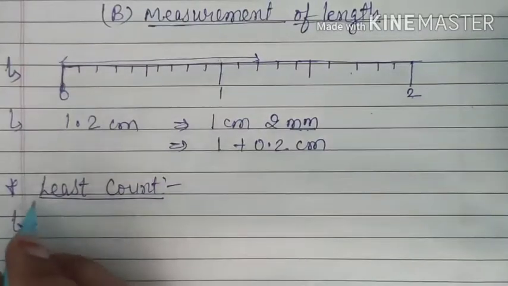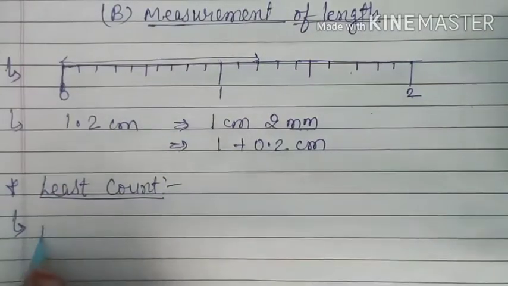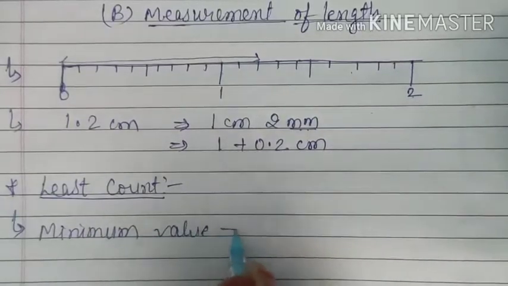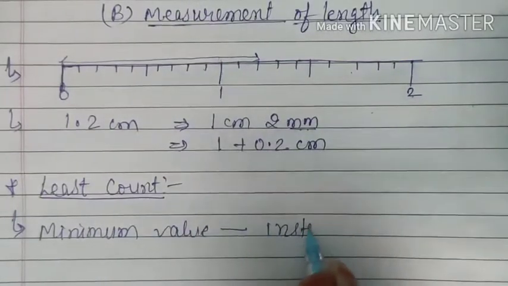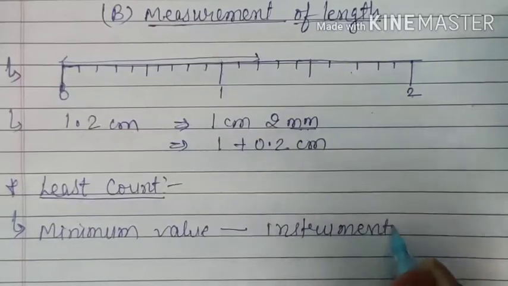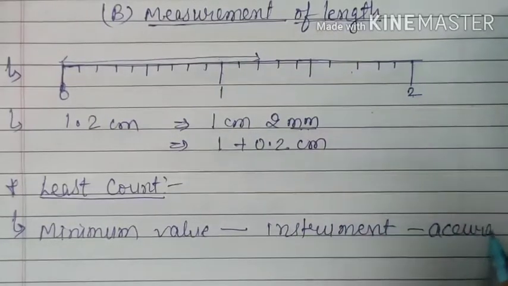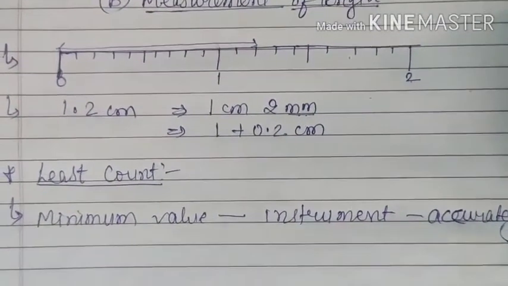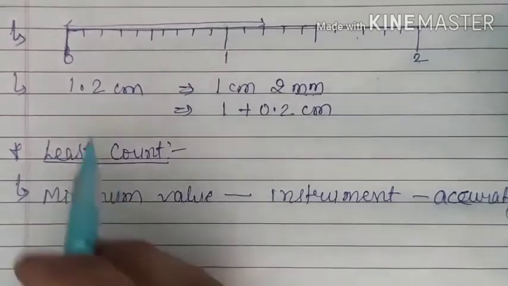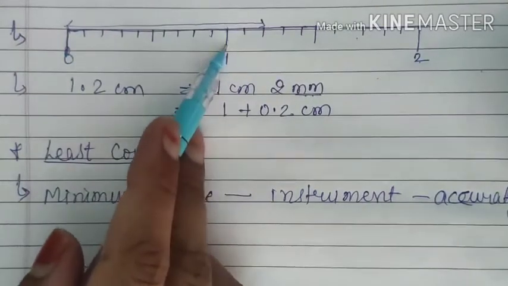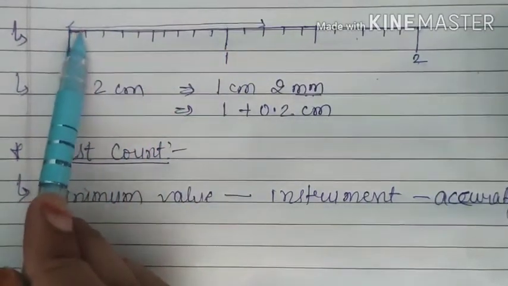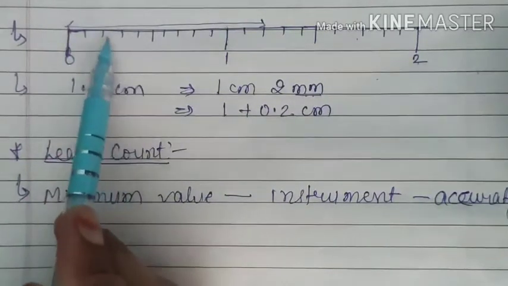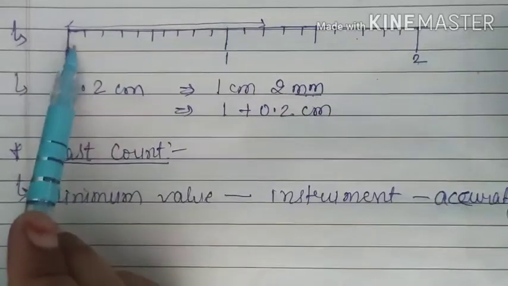So in the definition, least count is the minimum value measured by the instrument accurately, that is known as least count. Now obviously from here, what is the minimum value that you can measure? You can measure up to here, this is the minimum value, that is millimeter. The minimum value you can measure is in millimeters.